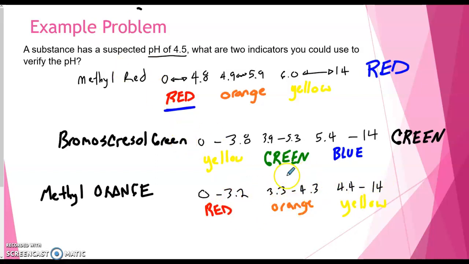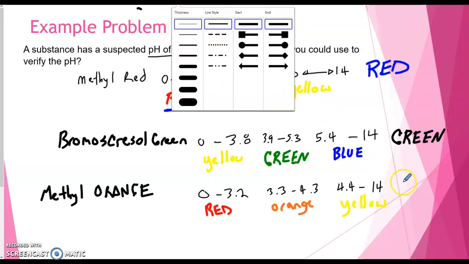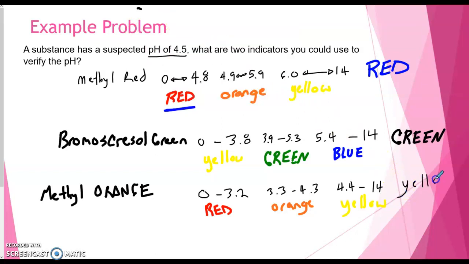Because if we get orange, it tells us you could have this one and this one falling in that range still, and that tells us it'd be below 4.5. But if we get a yellow color, it's going to give confirmation of all those. So if our final one is yellow, that's how we know that this would be true to be 4.5.